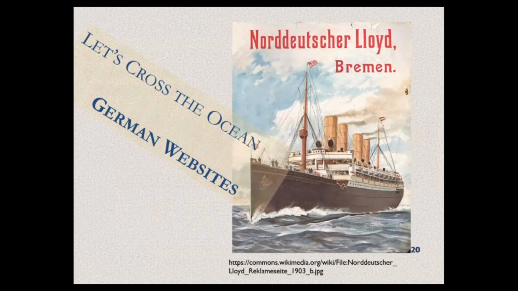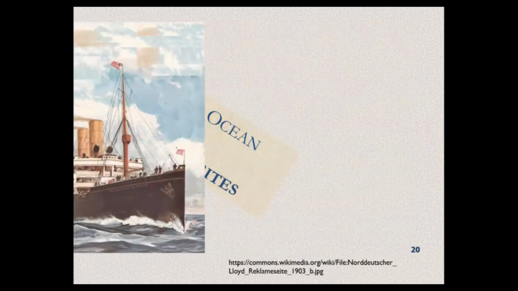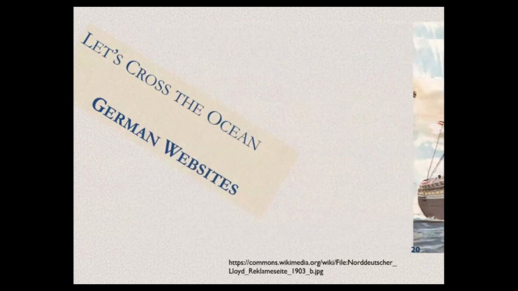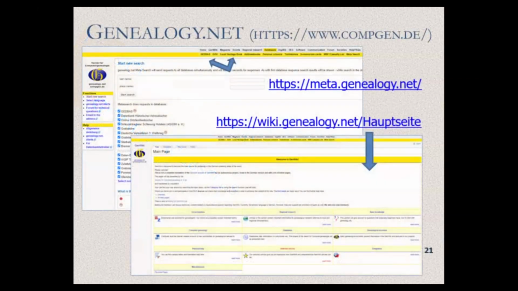So then let's go to those German records created in Germany and on German websites. I showed you American websites, right? Ancestry. I showed you FamilySearch, but let's go to those German websites. As I already mentioned, this is the largest German website for German genealogy.